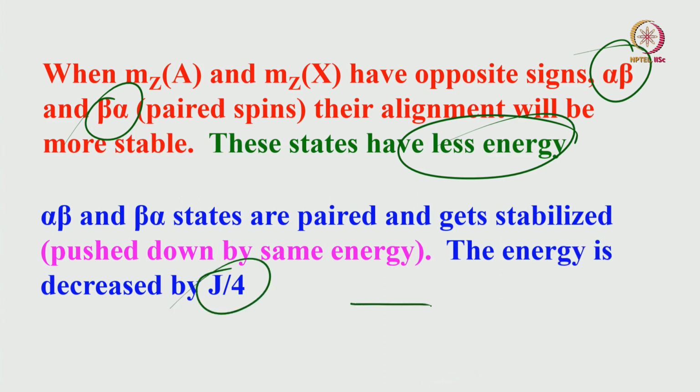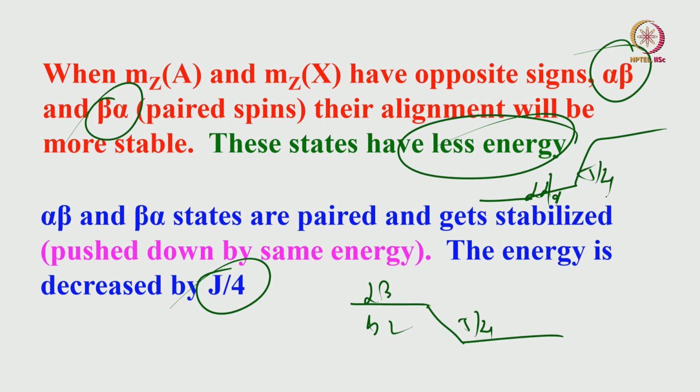So if this is the state for alpha beta or beta alpha, instead of going up, it comes down by J by 4. In the other case, alpha alpha and beta beta went up by J by 4. So that is how the energy states get destabilized. In the earlier case, here it is stabilized. When it is stabilized, it comes down by J by 4. When it is destabilized, it goes up by J by 4.